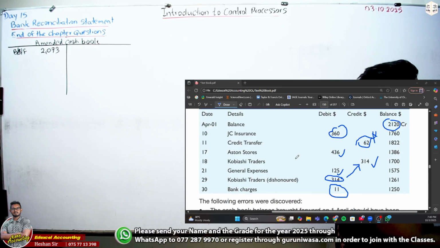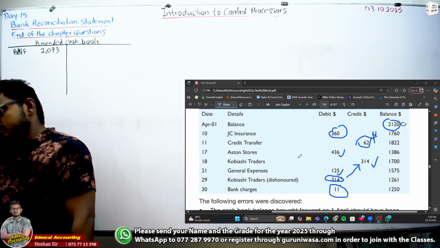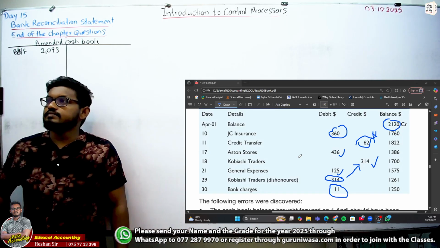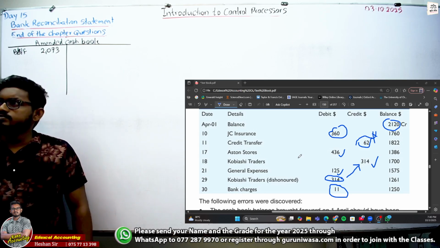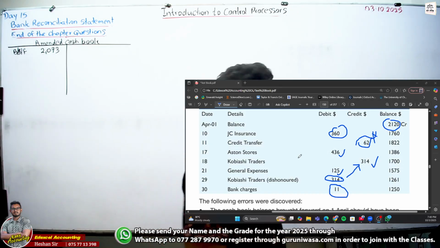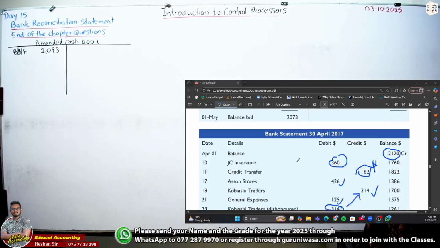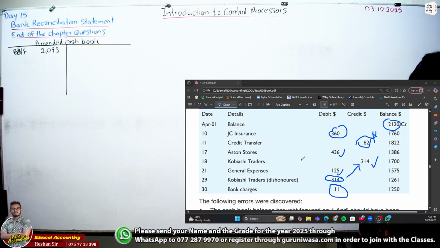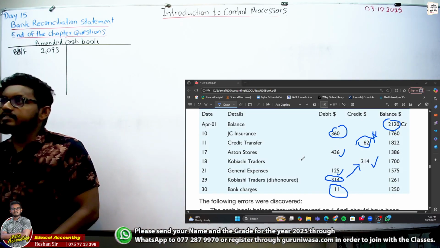Now, in here we recorded the things that are circled in the bank statement. 360 in here, but not in here. First let's take the insurance.